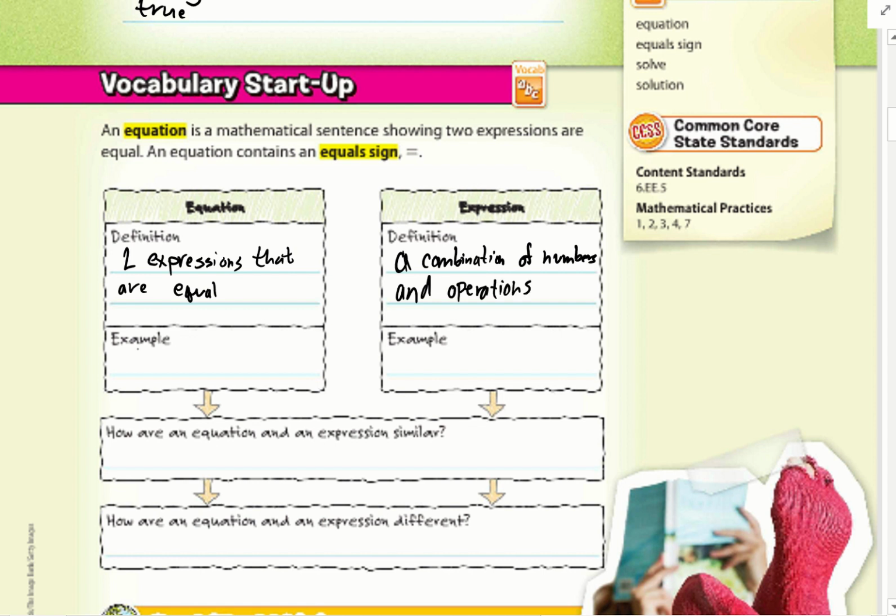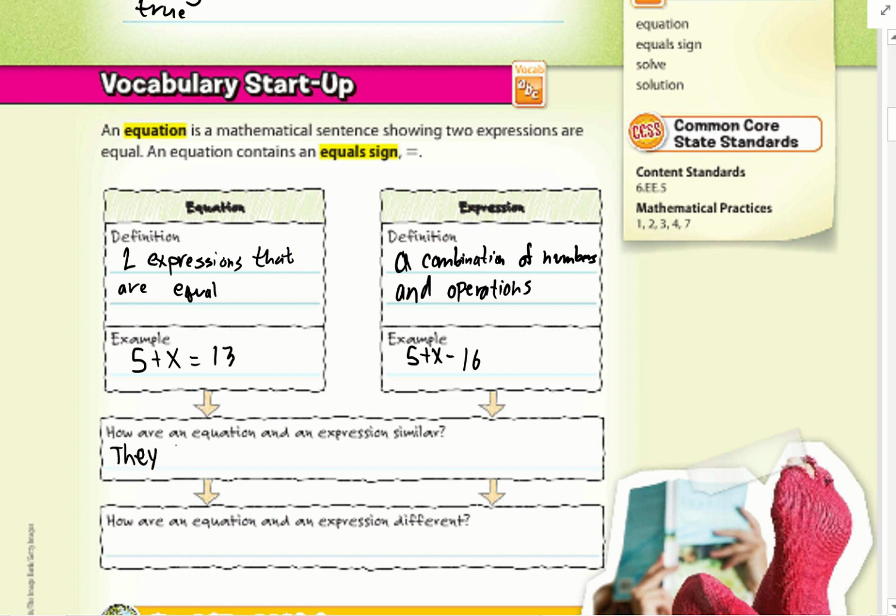So an example, 5 plus x equals 13. For this example of an expression, I'm going to say 5 plus x minus 16. Sorry, 5 plus x minus 16. This is how the equation and expression are similar.